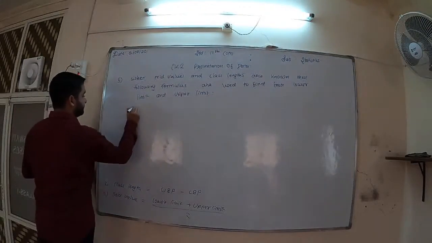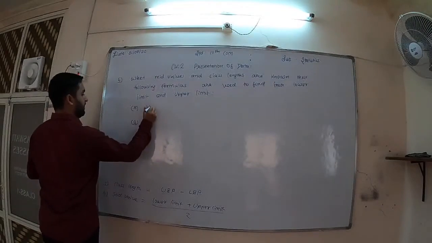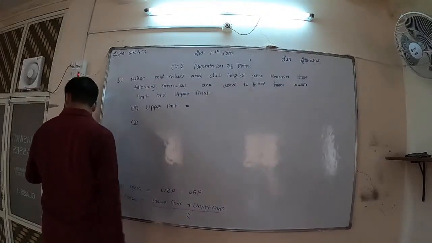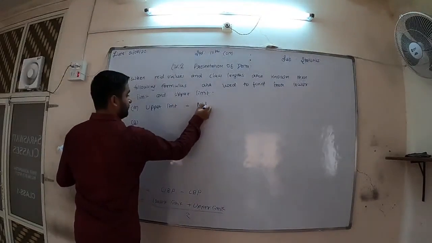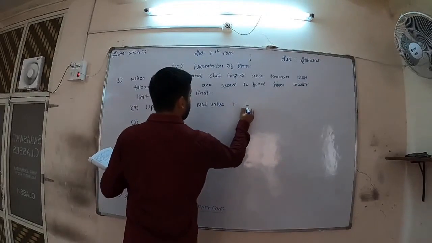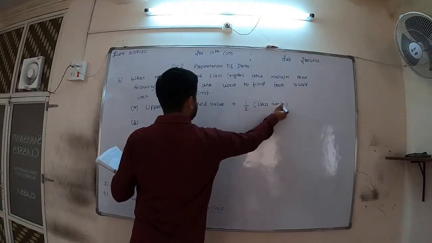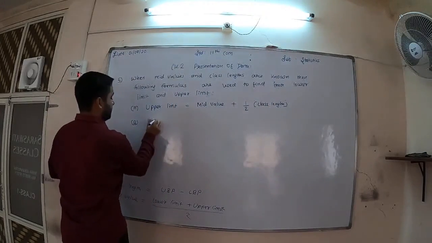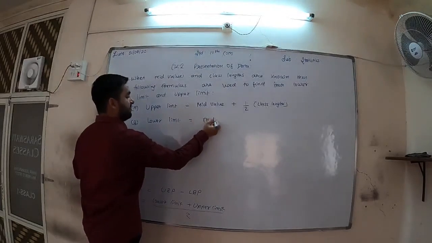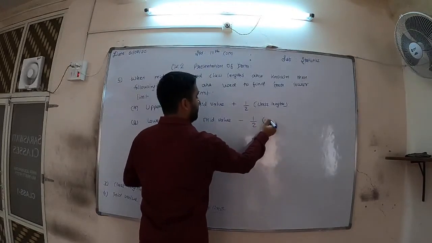Okay. Upper limit is equal to mid value plus 1 by 2 class length, and lower limit is equal to the same mid value minus 1 upon 2 class length.